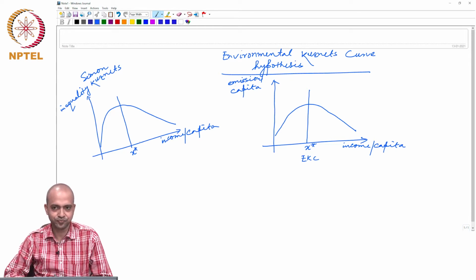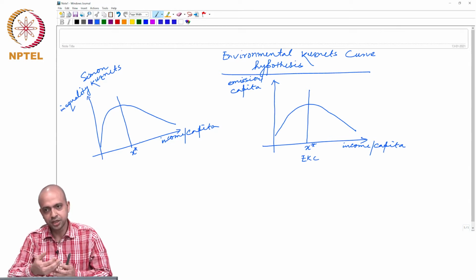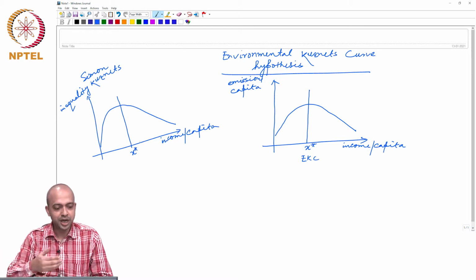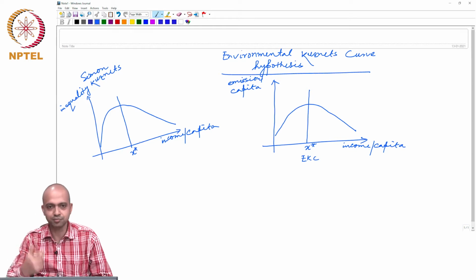And once the economy achieves a certain per capita level of income, then the growth becomes more inclusive. The fruits of economic growth, or income, are enjoyed by most of the people in the economy, as a result of which inequality comes down.